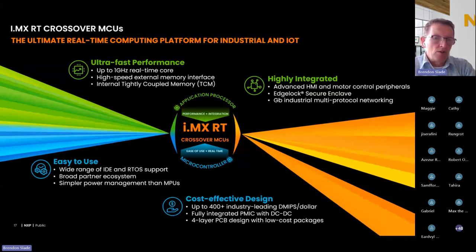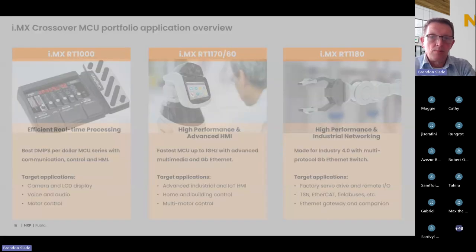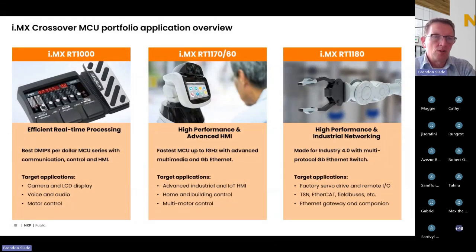We're not going to go into too many details on this today, but the kind of applications you'll see RT products used in are audio applications, where they're very popular, many HMI applications, and high performance motor control.